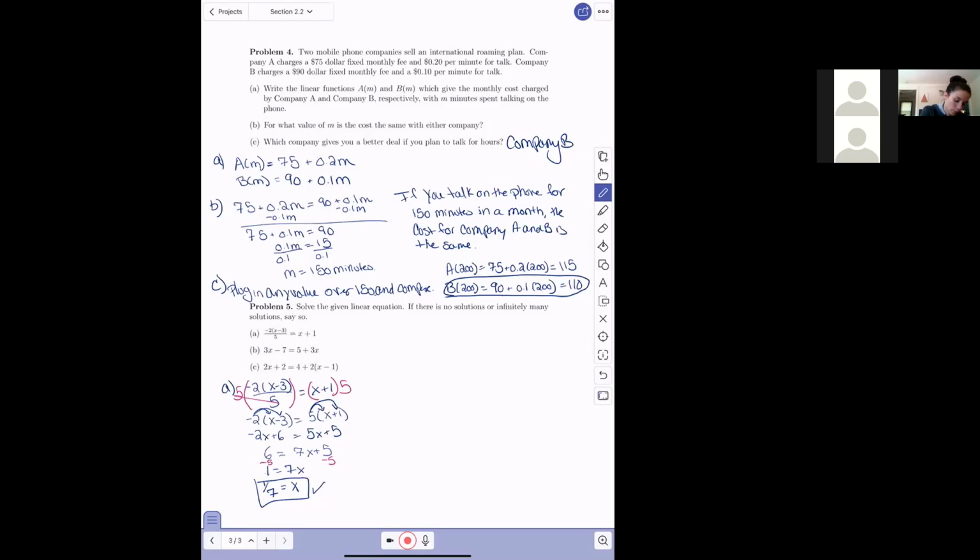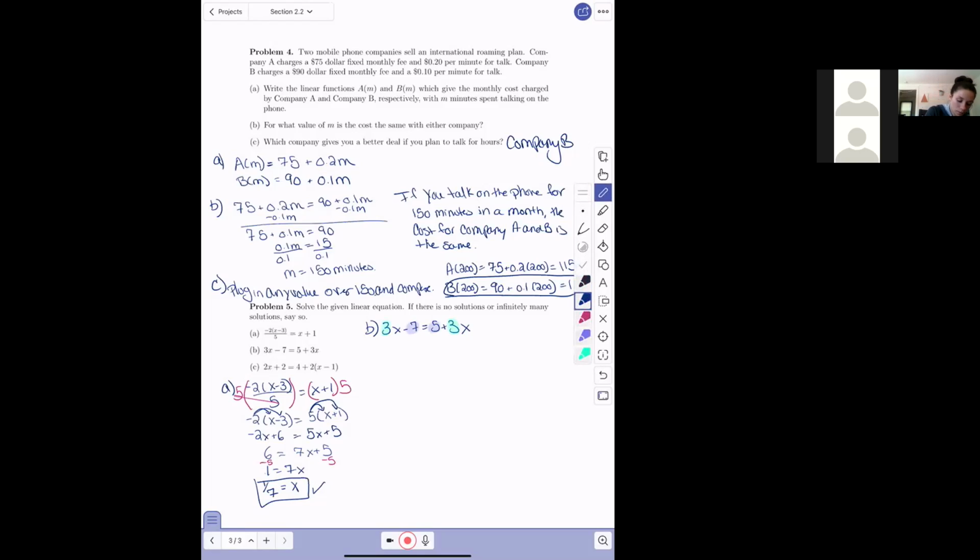All right. Part B, we have 3x minus 7 equals 5 plus 3x. I'm going to show you two ways you could go about this. You could just look at it and notice maybe that the coefficient for x, the number in front of x, is the same, but the constants are different.